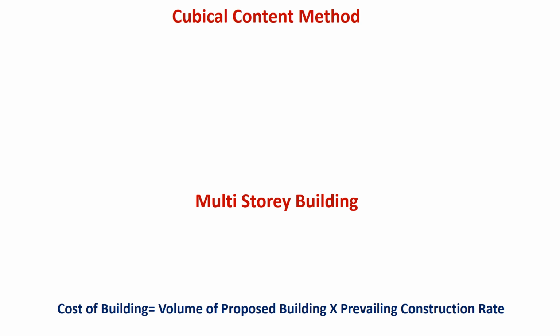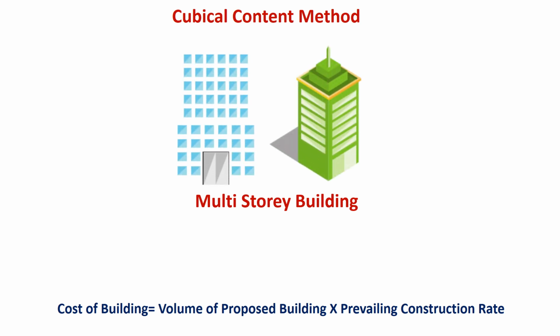It is more accurate than the other two methods, that is the plinth area rate method or the unit base method. So the cost of a structure is calculated approximately as the total cubical content multiplied by the prevailing rate.